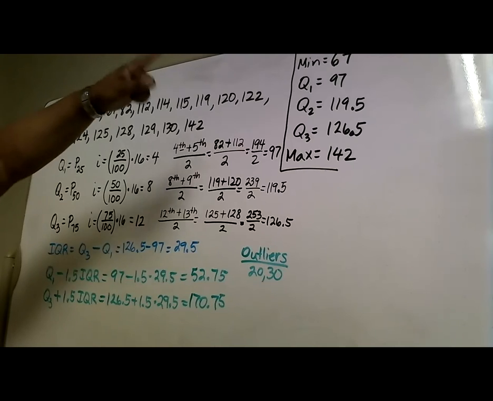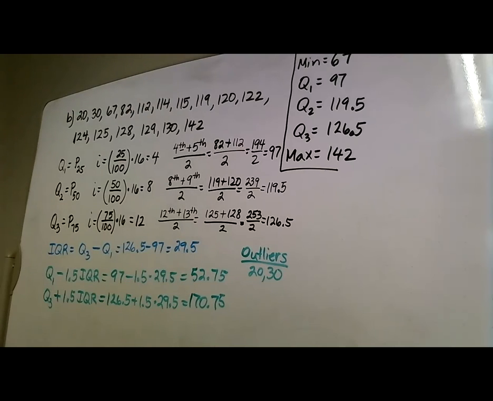So I have my 5-number summary. All I need to do is draw the box plot for this.